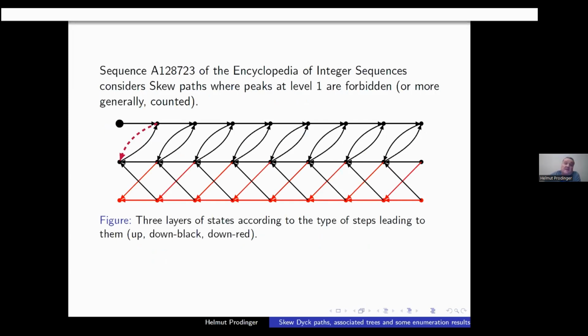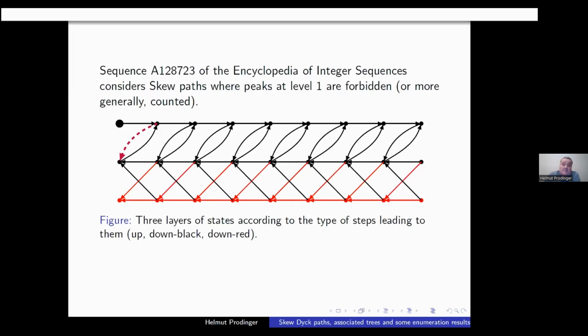Again, I found a sequence in the Encyclopedia of Integer Sequences, and it has this number 128723, and it's skew Dyck paths with the additional restriction that it's not allowed to have a peak. I think we heard the word peak before, with this Downton Abbey thing that I also saw years ago.